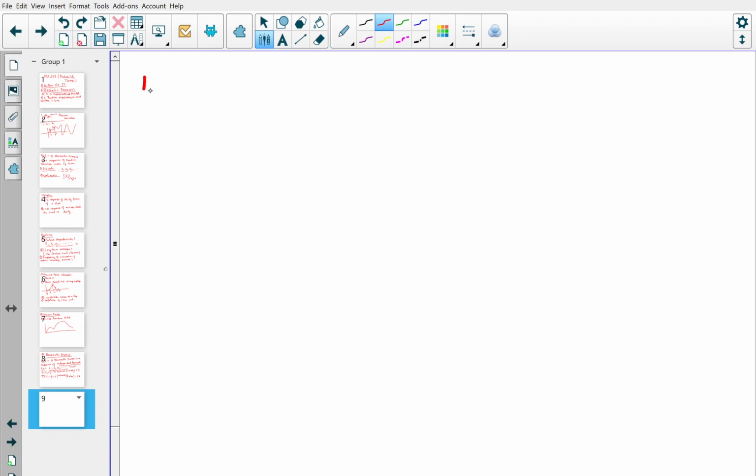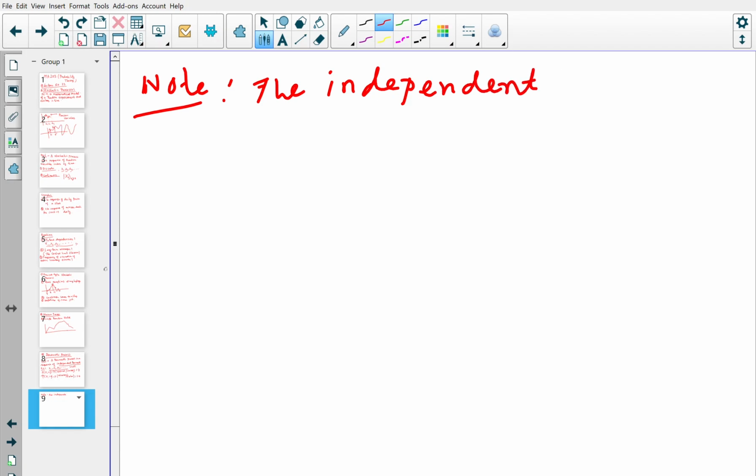So just note the independence of infinitely many random variables.